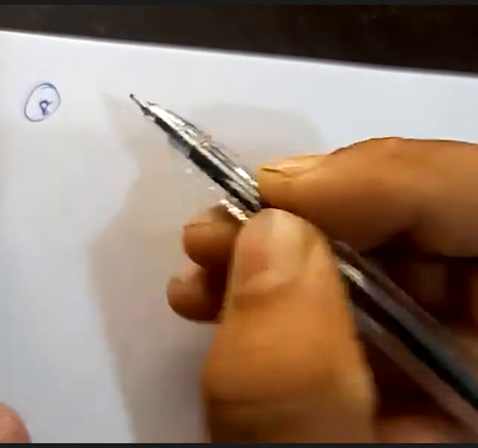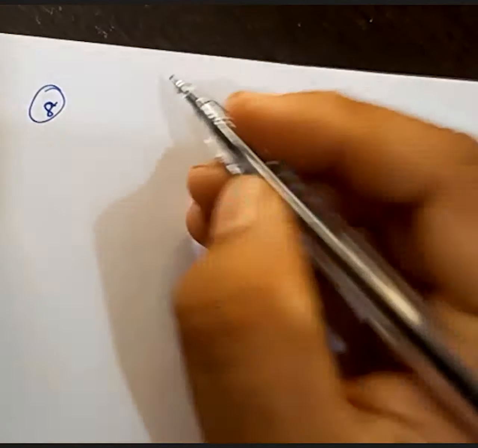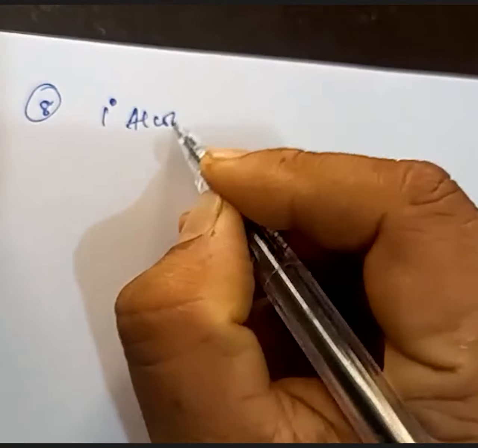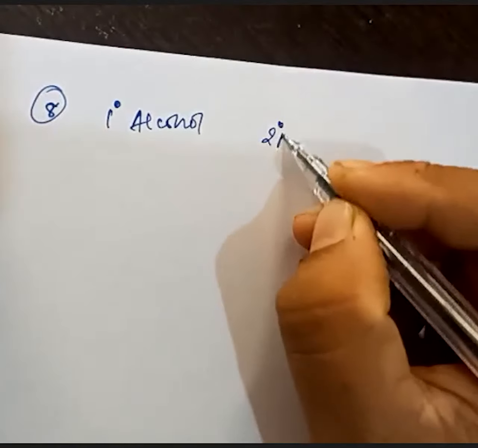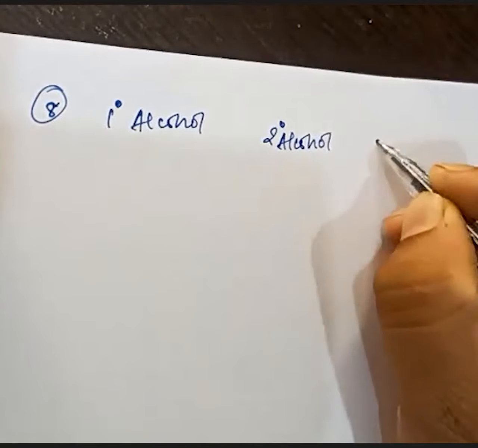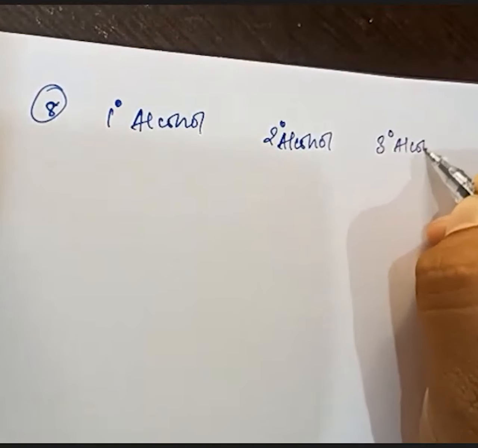Okay, so the next is distinguishing between 1 degree alcohol, 2 degree alcohol, 3 degree alcohol.